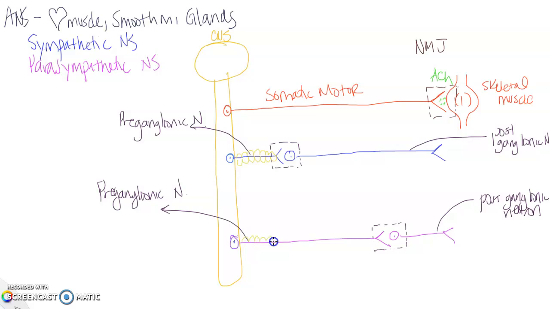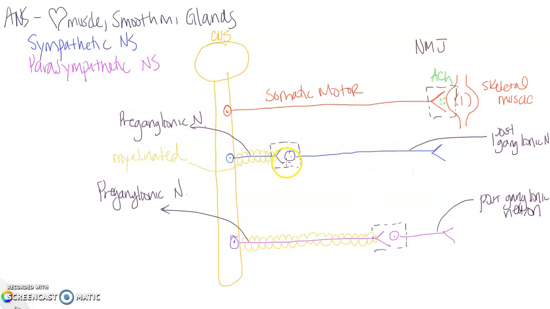So all the preganglionic fibers in the autonomic nervous system are myelinated. But the postganglionic neurons are not myelinated. Okay.